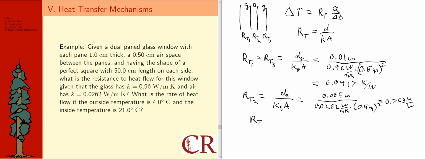And then if I want to know what is the total resistance, because that's the thing I'm asked for in the first part of this question, I'm just going to add up all three, but really that means I'm going to add twice, right? It would be equal to 2 times what I got for the first one, because the third one is really the same as that, plus the part for the air.